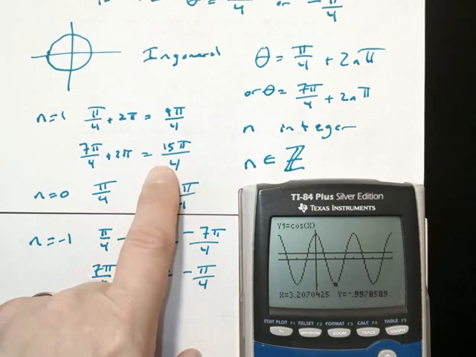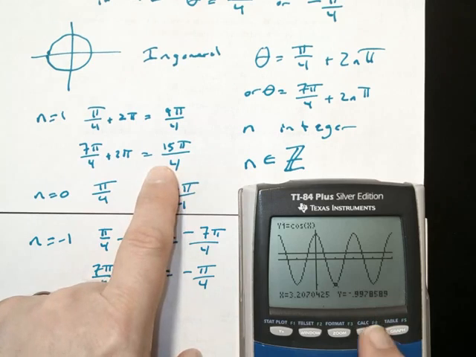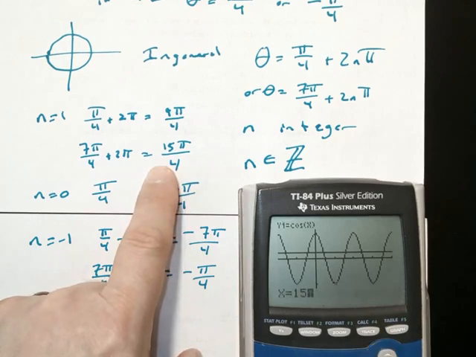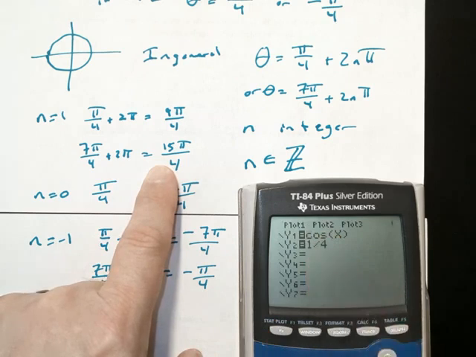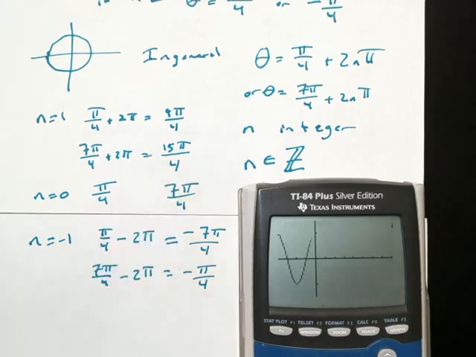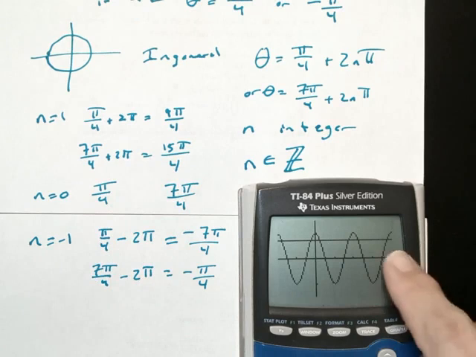Trace. I think 15 pi over 4 is an answer. Trace, put in 15 pi over 4. Oh, wait a minute. It helps if I have the right equation, doesn't it? Square root 2 over 2. Gotta have the right line on there, don't you? That looks like 15 pi over 4.